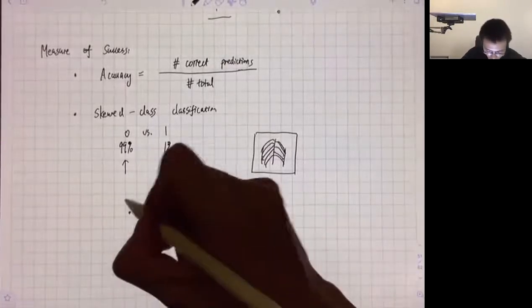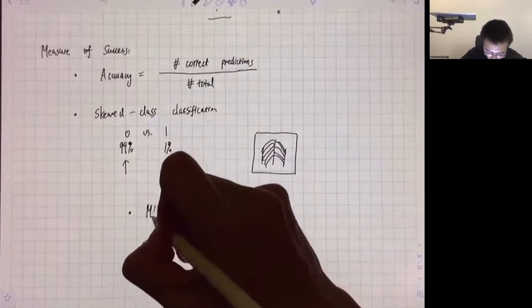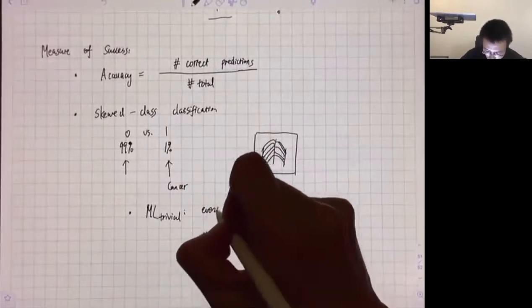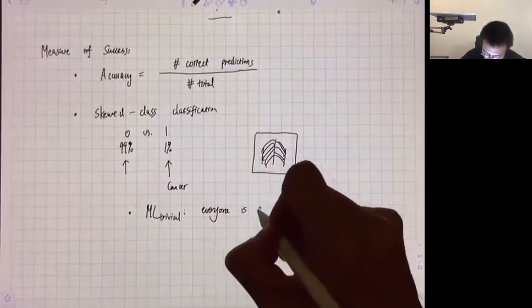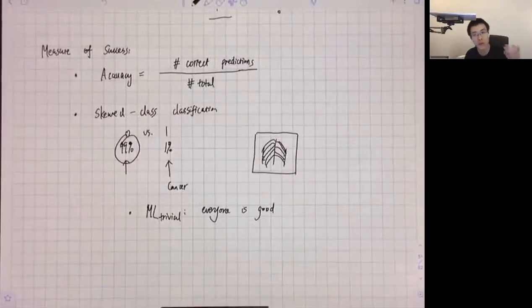I say, everyone is good, everyone is happy. Then the accuracy becomes 99%, right? So most of the humans do not have cancers, and I predict none of us have cancers. But there's 1% of humans who unluckily have the cancer, then I don't make a prediction, I still get 99% accuracy.